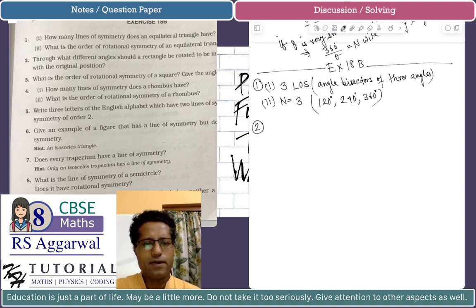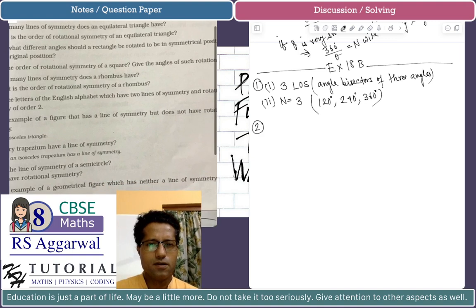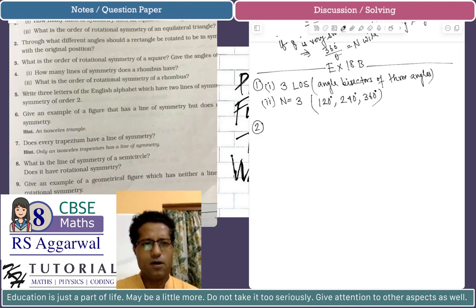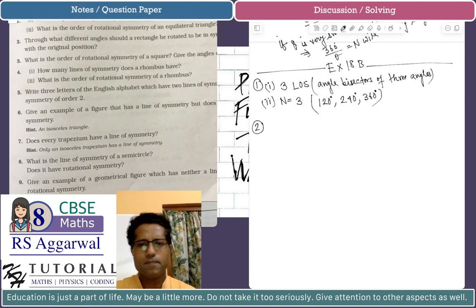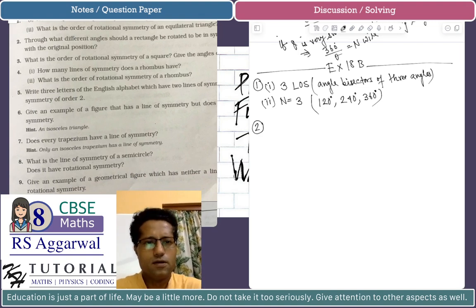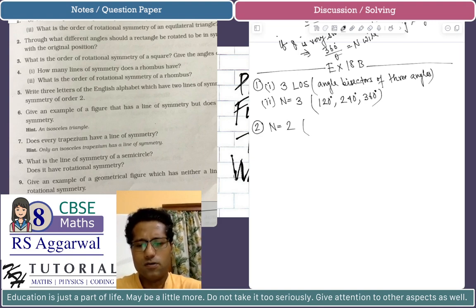Okay. Problem number 2. Through what different angles should a rectangle be rotated to be in symmetrical position with the original position? I have already discussed the rotational symmetry of a rectangle. So n we know is 2, and the angles of rotational symmetry are 180 degree and 360 degree.